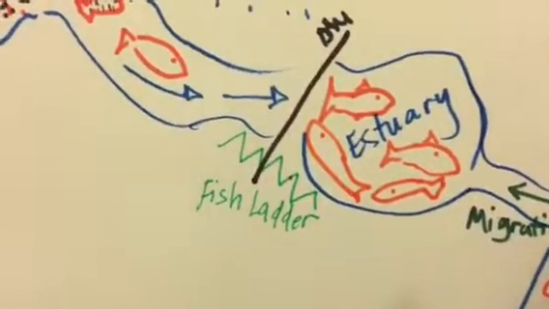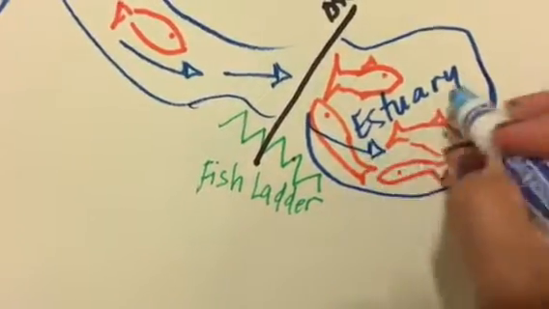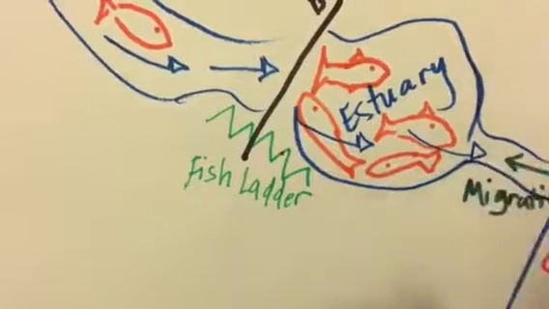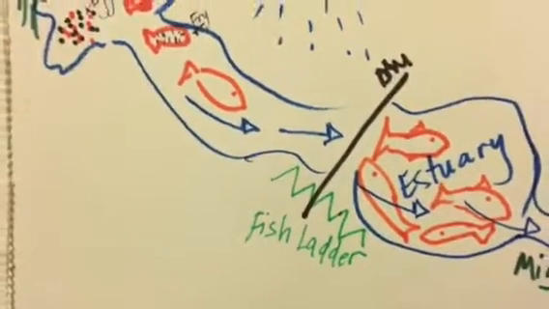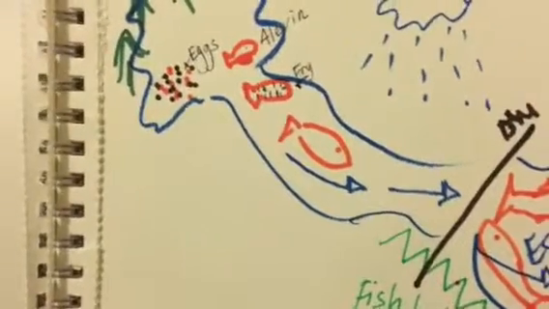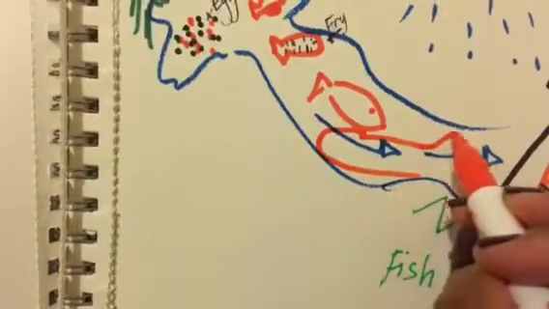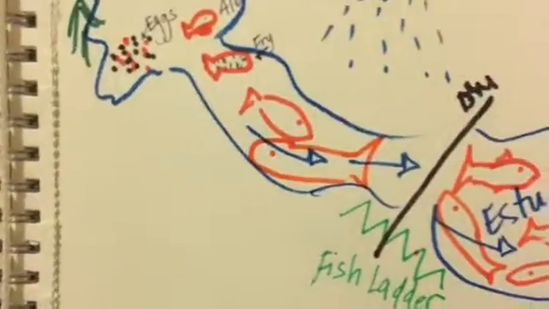As you can see, the current is going against them. So here's the current is going this way. And they'll head back to where they were born to spawn. So let's write the word spawn here in the corner.